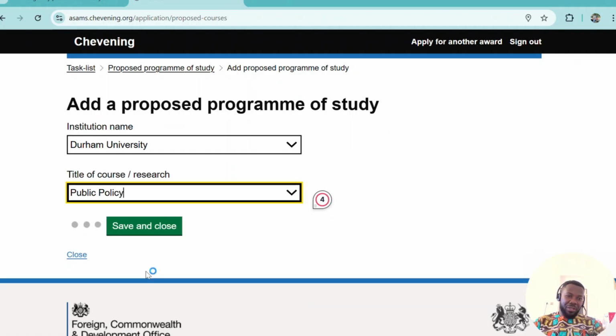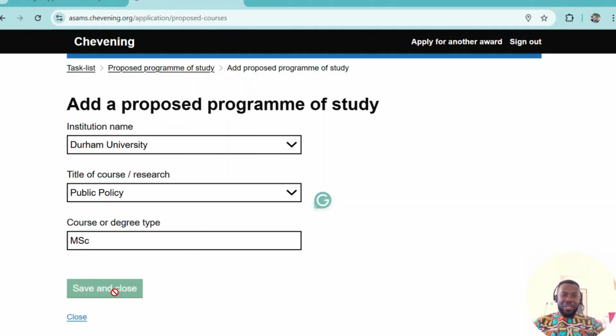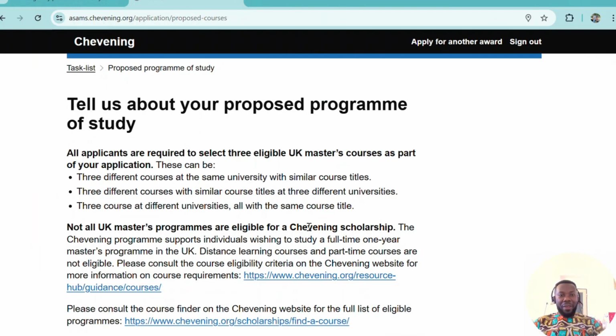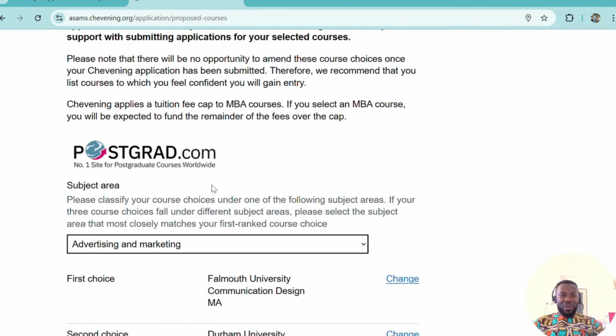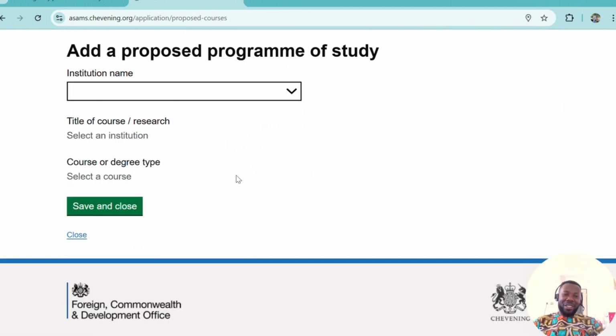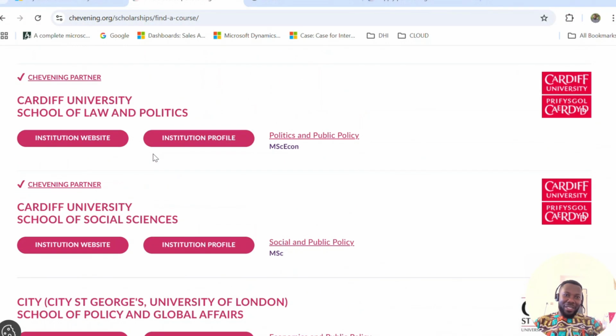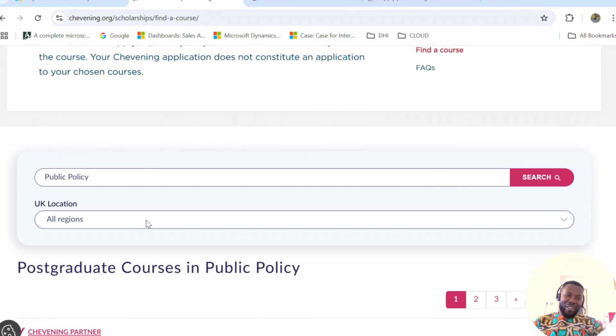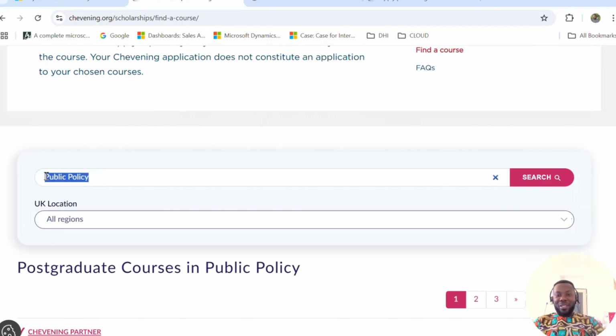Okay, it's here. Sorry. Public policy, MSc, save and close. And then I'm going for the third option. Oh, wow. Let me go back and see the courses again. I am more particular about courses where the applicant's previous background will make her more eligible. So I'm going for com design again.